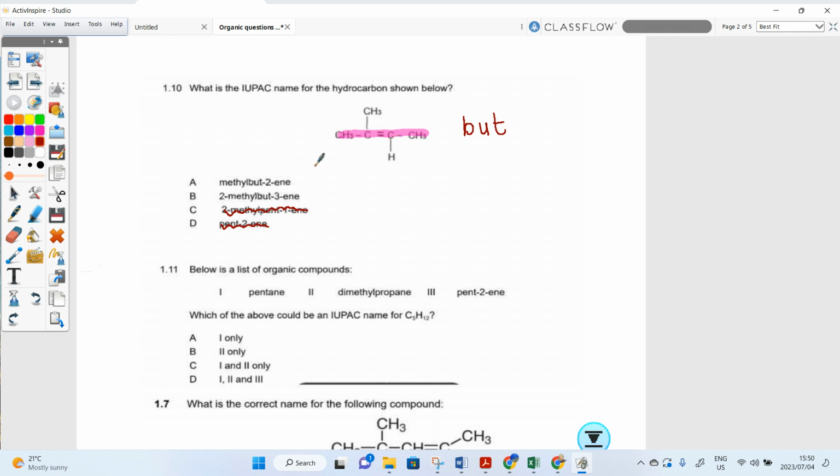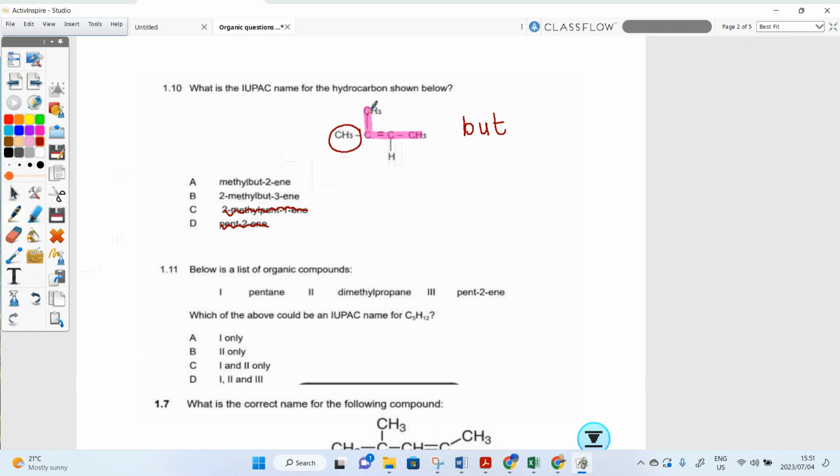Unless you have to change your longest chain. Yeah, guys, let's just think about it again. The longest chain could be either there, 1, 2, 3, 4. But that means this is still on number 2. The methyl group is still on number 2. So 2 methyl is right.